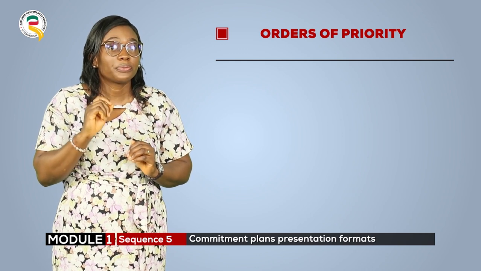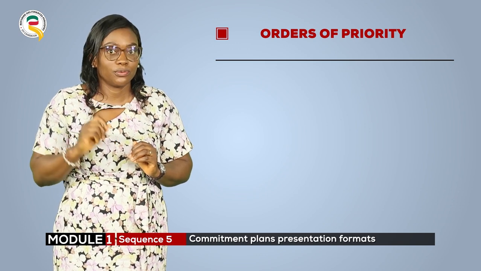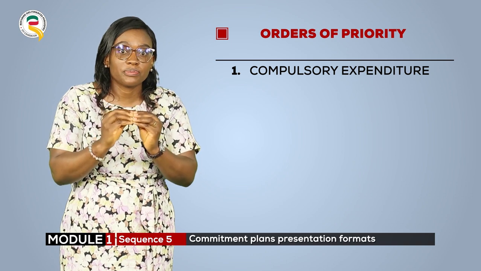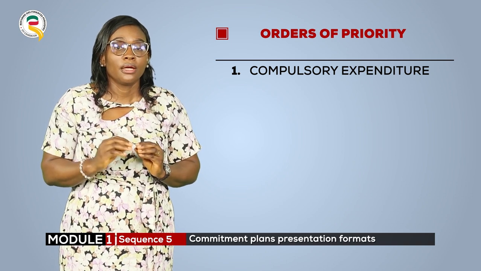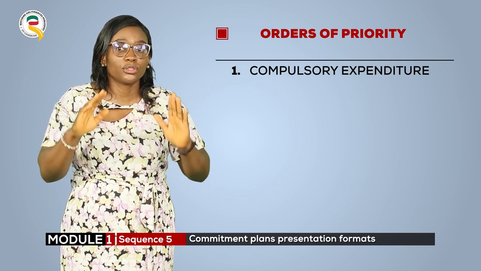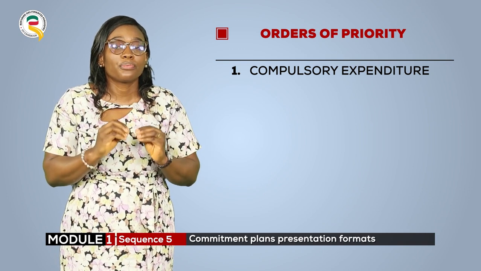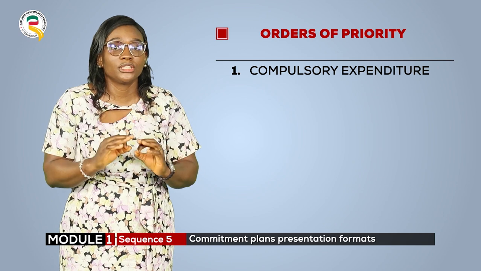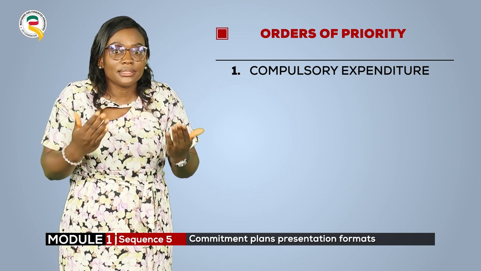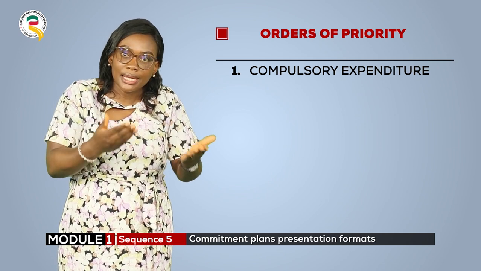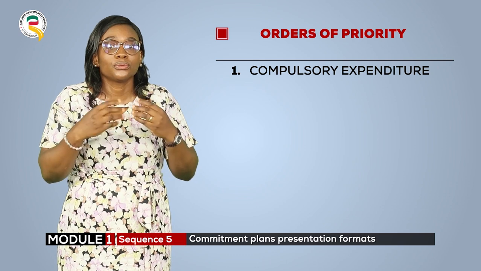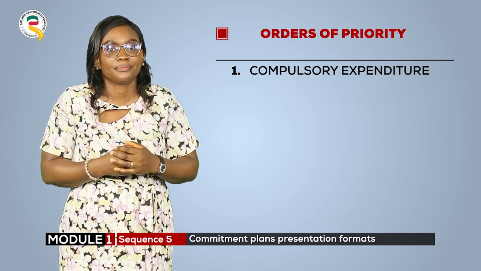Each expenditure is assigned an order of priority. The order of priority is as follows: 1. Compulsory expenditure, which is the highest level of priority and refers to incompressible program expenditure within the department. These include salaries and arrears related to services rendered.